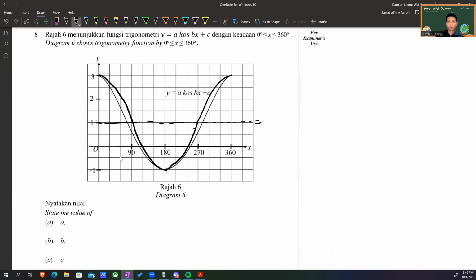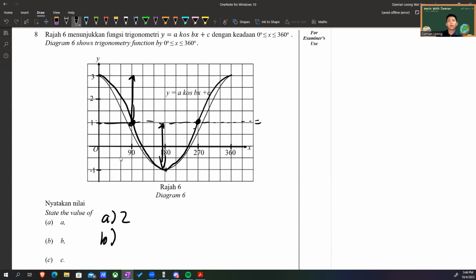It's slightly off because by right at 90 degrees and 270 degrees, it should be at the center line, but this graph is not. So the question is very badly set. It's drawn wrongly, but that is the center line. So how high it goes from the center to the top or from the center to the bottom is 2 units. So a is 2.